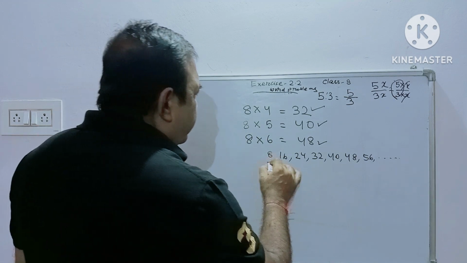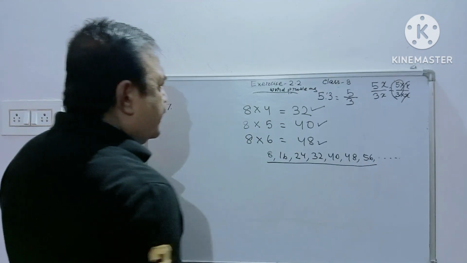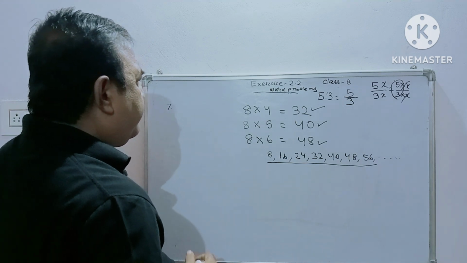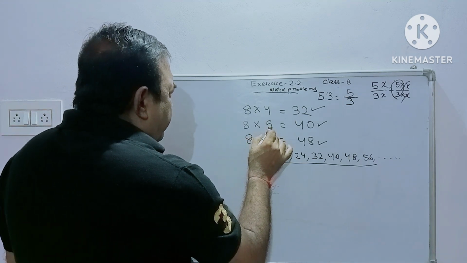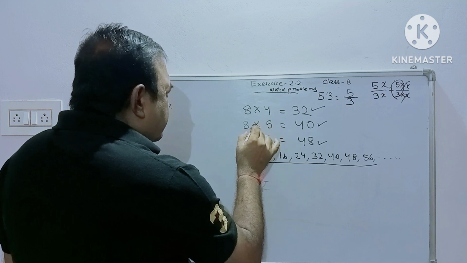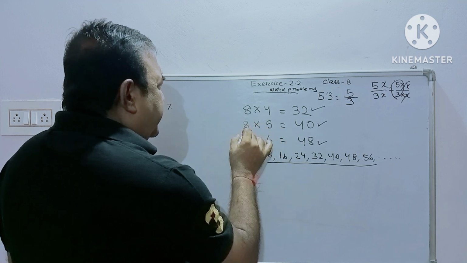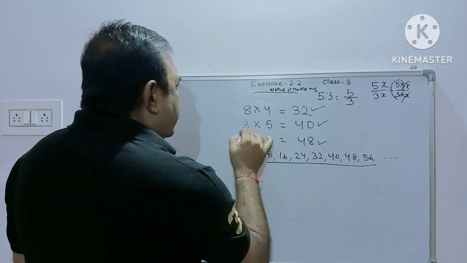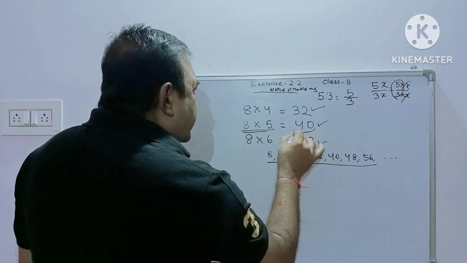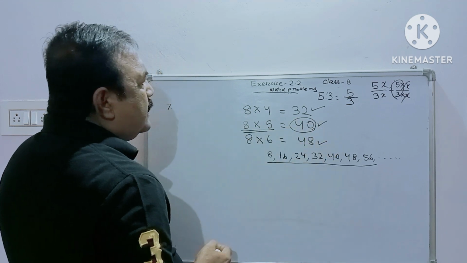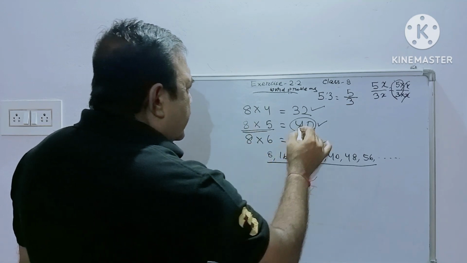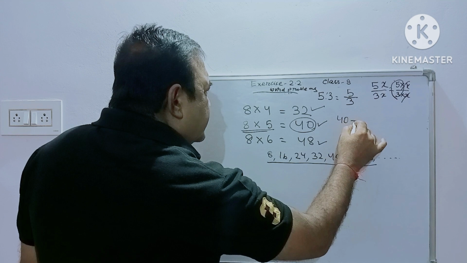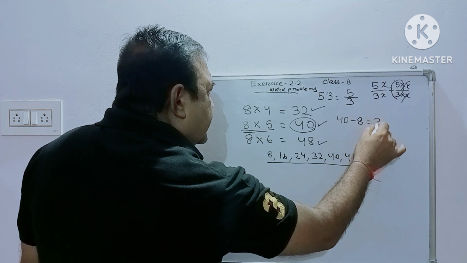These are the consecutive multiples of 8. So first you see, when I multiply 8 into 5, the product is 40. So what was the previous multiple of 8? It is less by 8, that is 32.